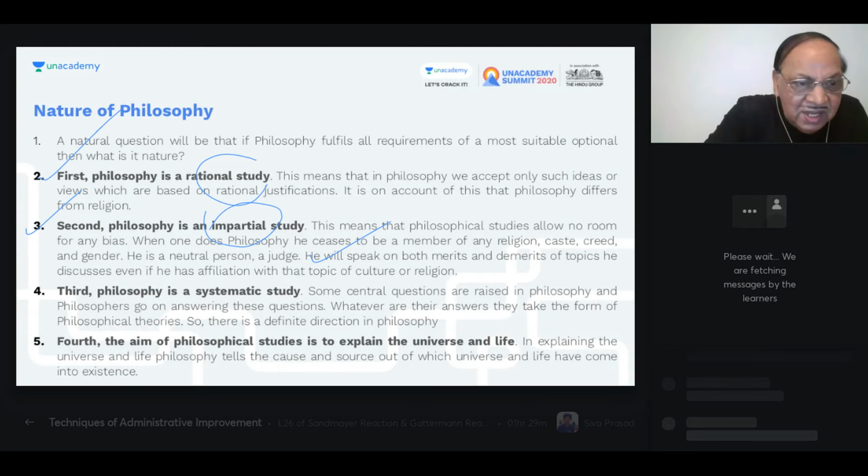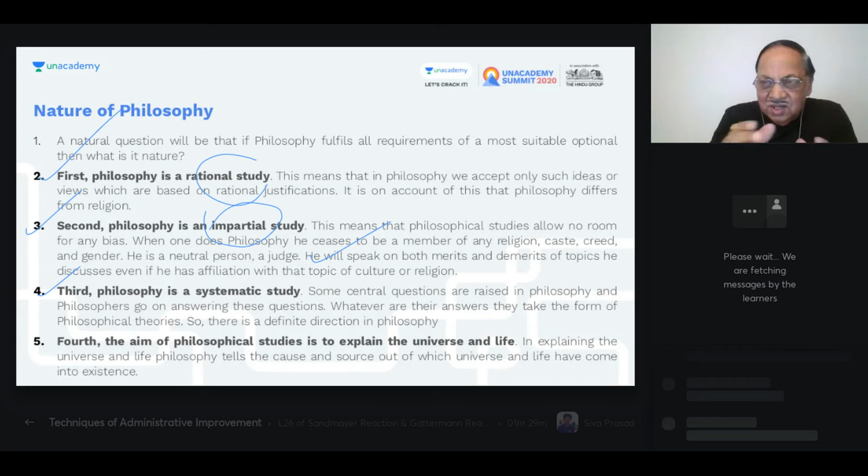The third is that philosophy is a systematic study. This is also very important: in philosophy, certain central questions are asked, and philosophers go on answering these questions.